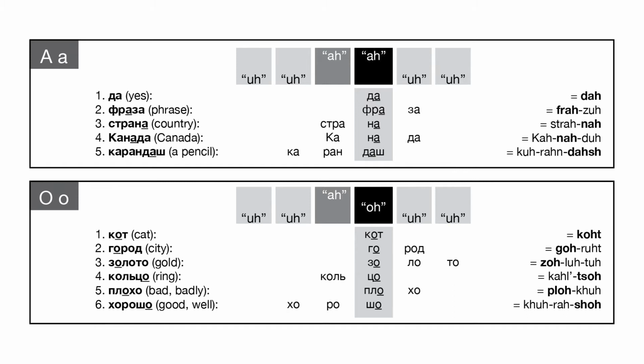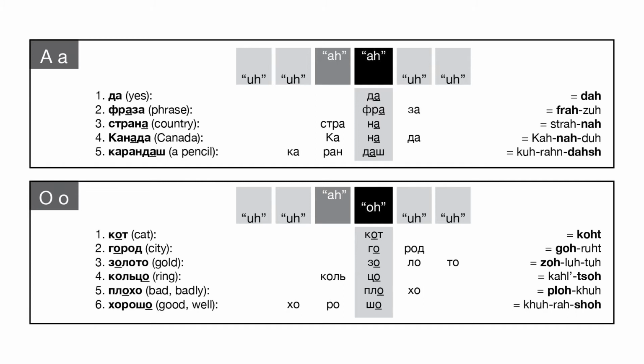Okay, so take the word for cat. This is actually a tomcat, a male cat. It's kot. Very easy because there's only one syllable, so of course it's stressed. Okay, number 2, city, город. Right, again, note the transcription. Number 3, zolota. First syllable is stressed, but the second two are not.